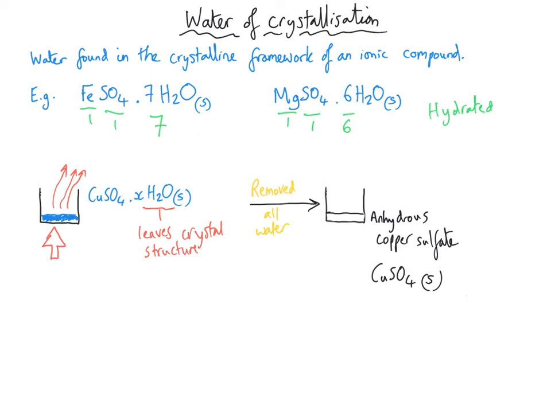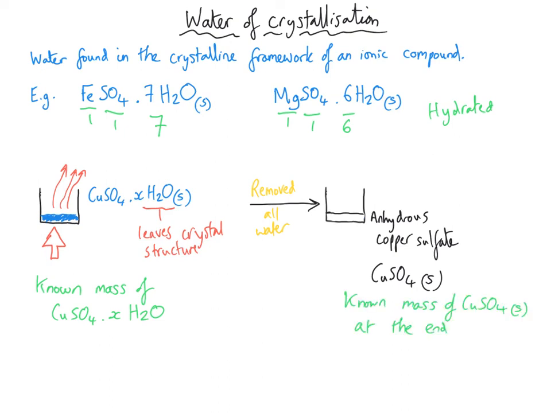And so provided we know what the mass of the hydrated copper sulfate was at the beginning, and provided we weigh the copper sulfate at the end, we can work out how much water has been driven away during the heating. And we can also therefore work out what the mass of the copper sulfate is without any water. And using these two numbers, we can work out what the water of crystallisation for copper sulfate is.